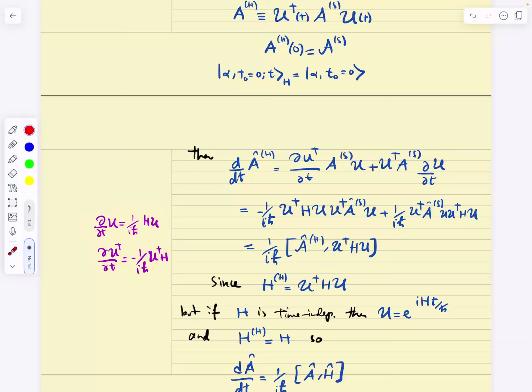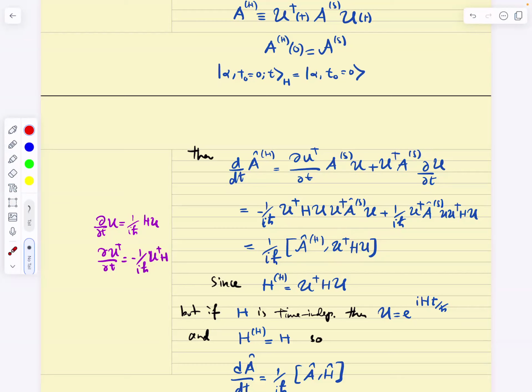You go from 1 over i h bar to minus 1 over i h bar. Plugging these two relations in here, you learn that dA_H/dt is 1 over i h bar, the commutator of A hat, the Heisenberg operator, with U dagger H U.